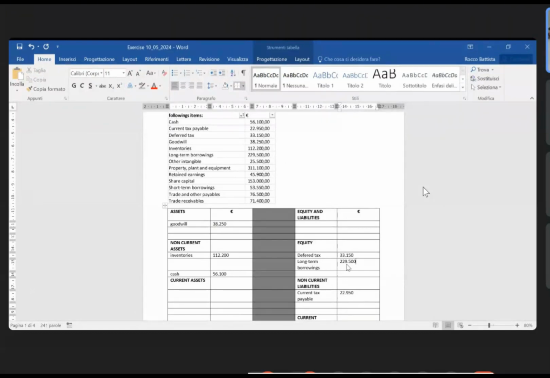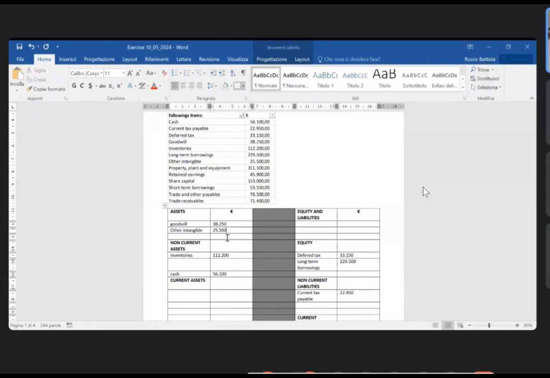So for other intangible, you think about copyright and other items like goodwill. So intangible. Okay.